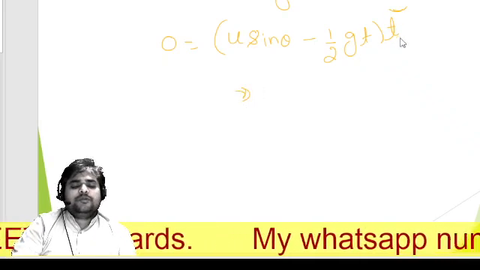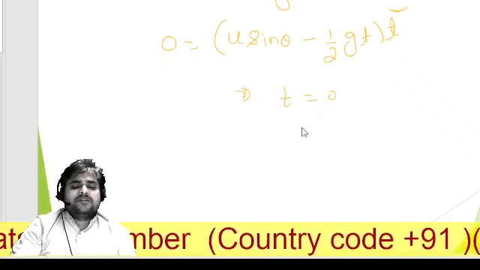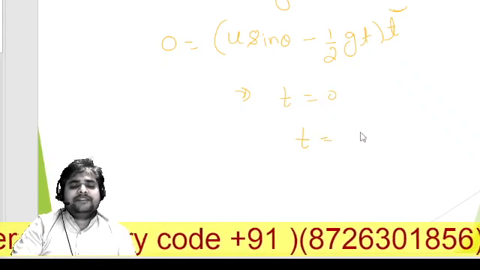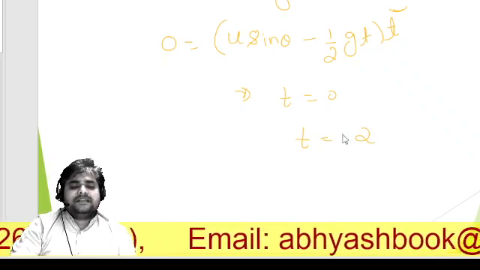Now putting the value, the first value of t we are getting is t equals 0, and the second value of t that we are getting is t equals 2u sin theta upon g.